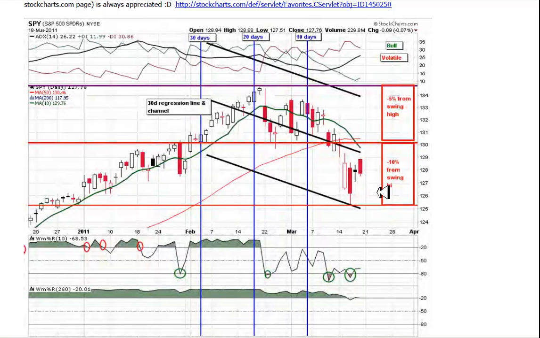Right now, the next support level comes in at about 125, which is really the boundary of a normal correction. If it goes below 125, then we are into what some folks will consider to be a return to the bear, once it gets past that 10% pullback from the swing high, which still remains at 135.